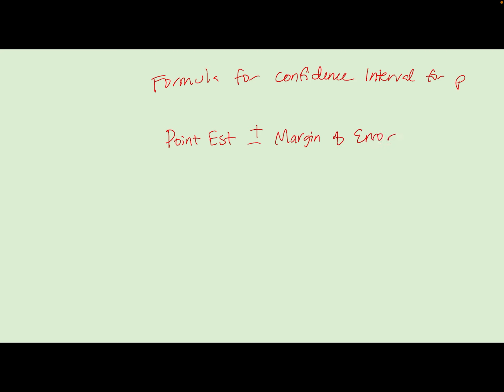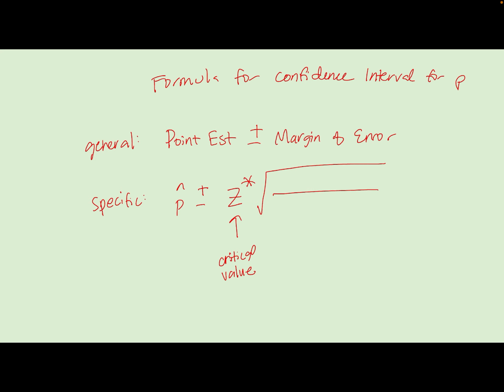So that's your general formula, but the specific one where you can actually plug stuff in is your point estimate, so whatever your sample proportion was, plus or minus your critical value, multiplied by a big old thing: your point estimate times 1 minus your point estimate, and then the denominator is just your sample size.